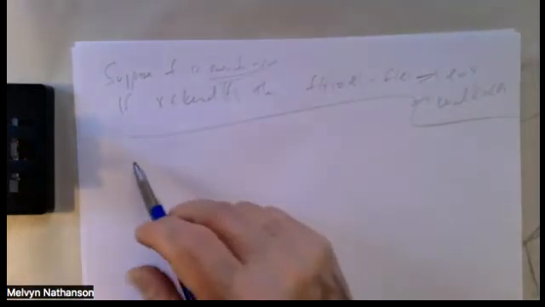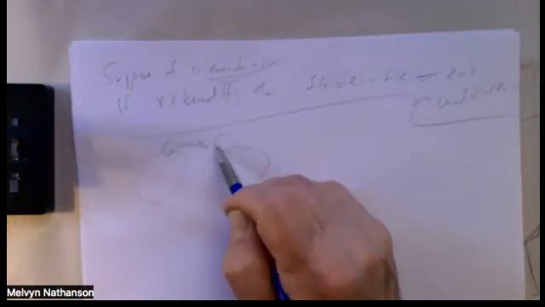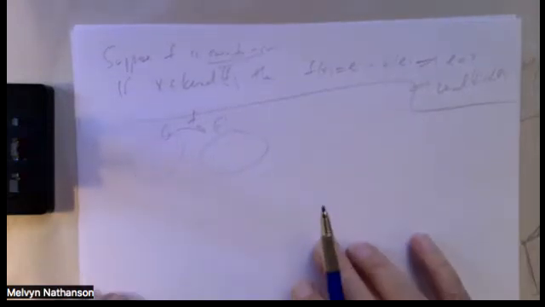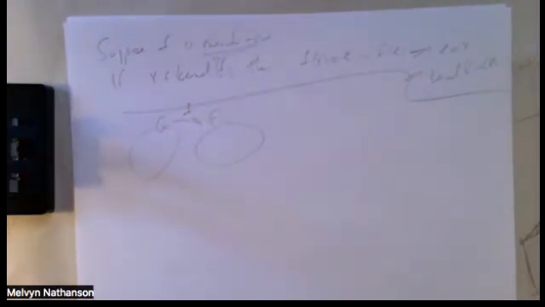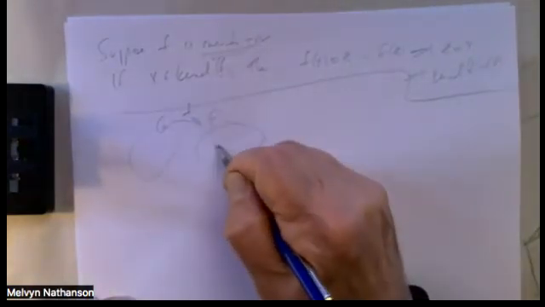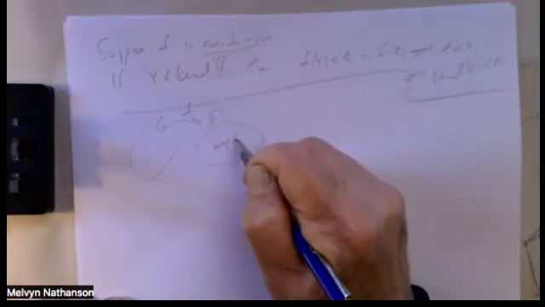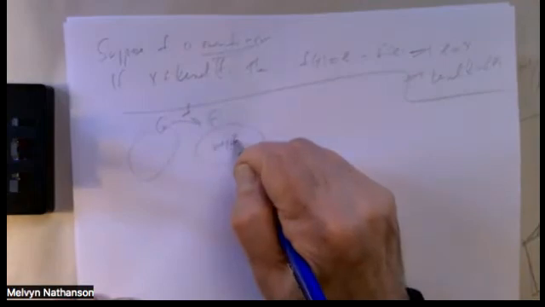What about the image? So we have G mapped to G prime by some function f, and sitting over here in G prime is the image of G, or the image of f.